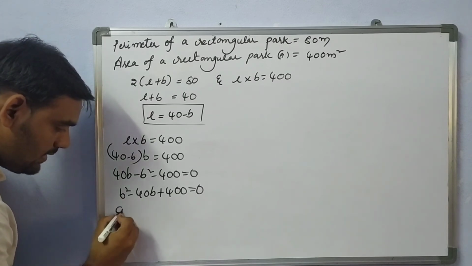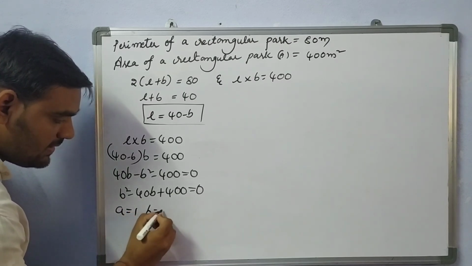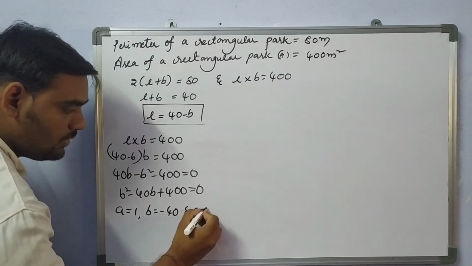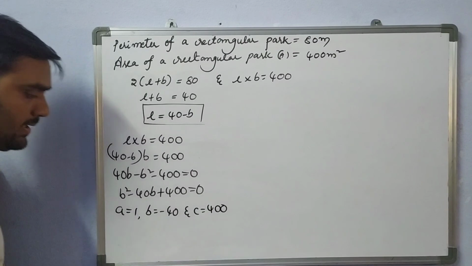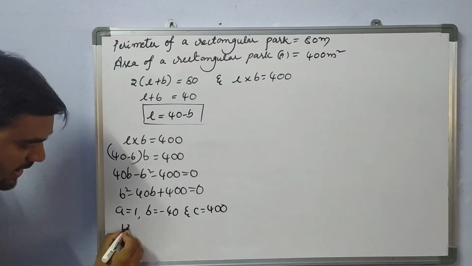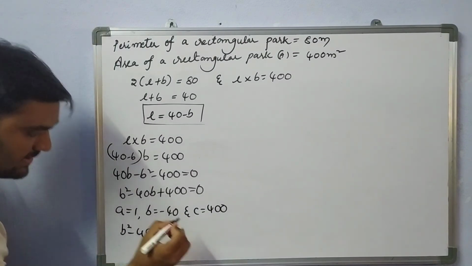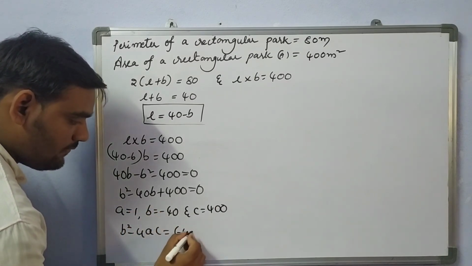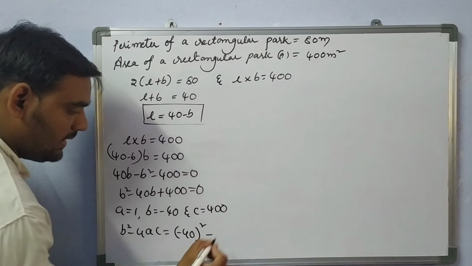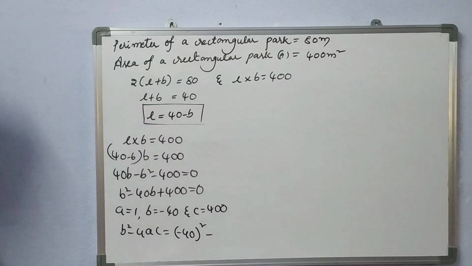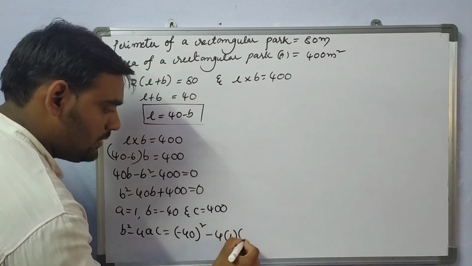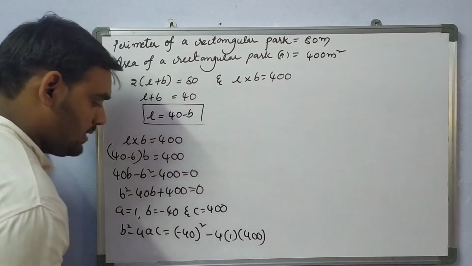Here A is equal to 1, B is equal to minus 40 and C is equal to 400. The discriminant value B square minus 4AC is equal to minus 40 whole square minus 4 into 1 into 400.